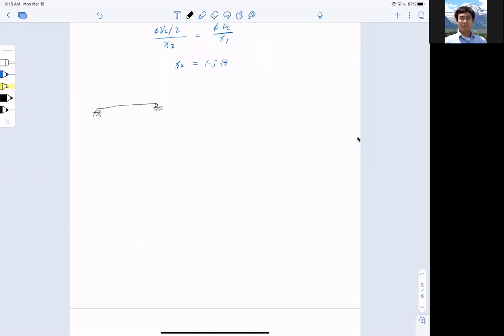And the shear diagram reads like this: a triangular shape with the maximum at the two ends. And then I have the half span to take care of because it's symmetric, right? So this gives you the half span shear diagram like this.